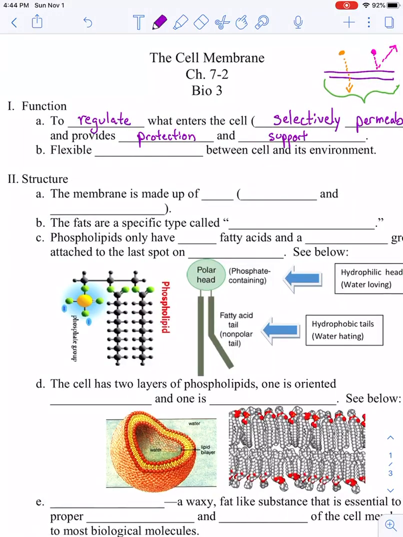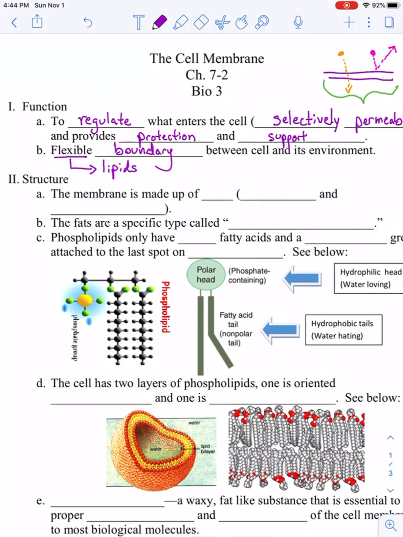The cell membrane is also a flexible boundary between the cell and its environment. And the key there is flexible because the molecular composition of the cell membrane is mostly lipids, and lipids are flexible.